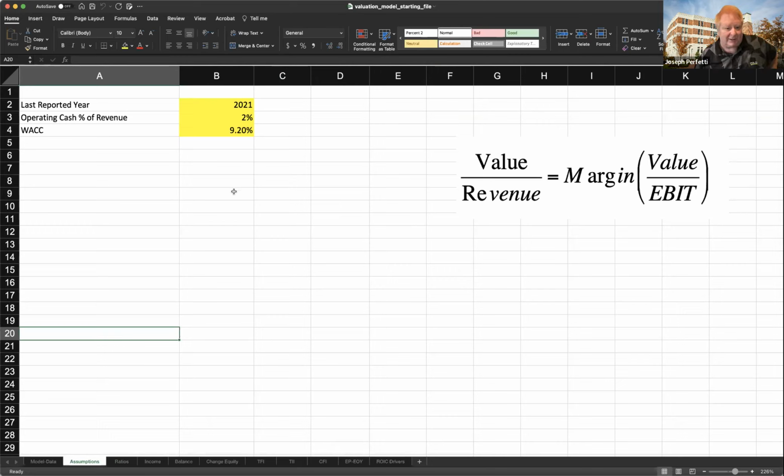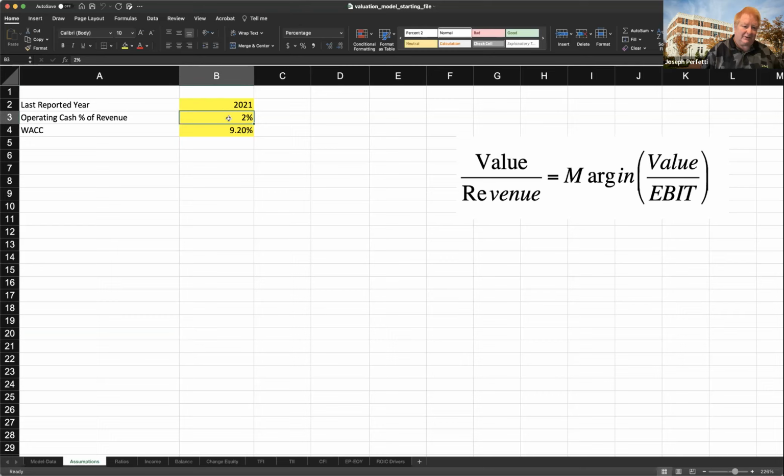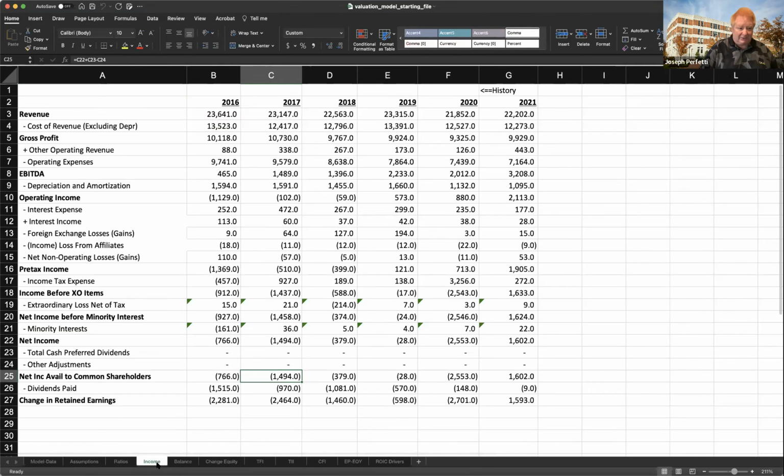You'll also notice that I'm using a color yellow, and I'm using this color yellow intentionally because we're going to build a reusable model. When we build the model, some cells, for example, go to the income statement, you'll see that gross profit over here is G3 minus G4. So I don't want to accidentally overwrite this cell because it's going to break the model.